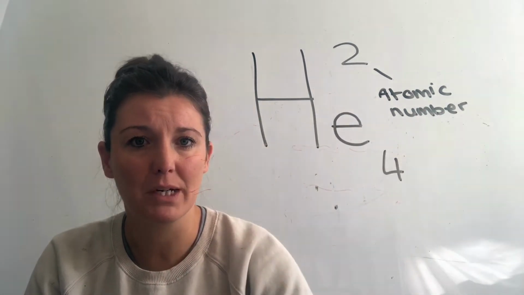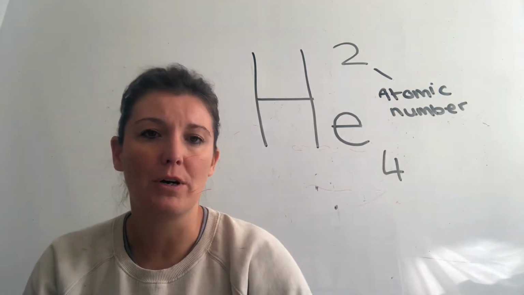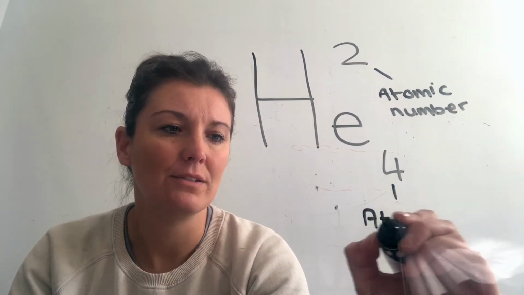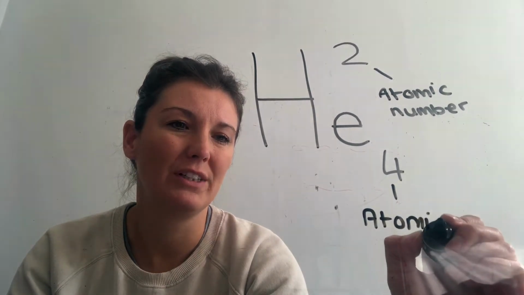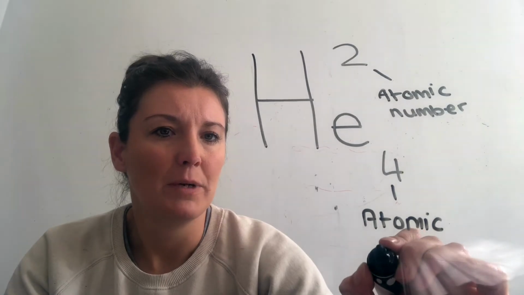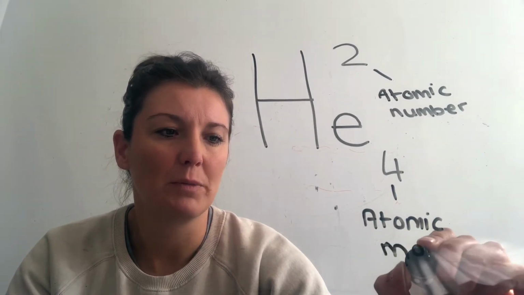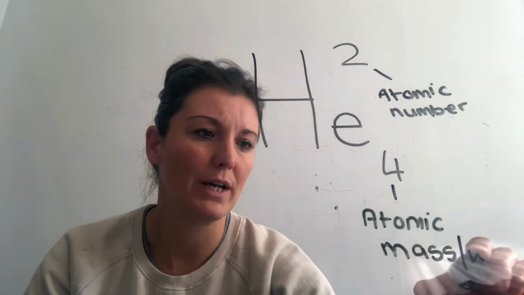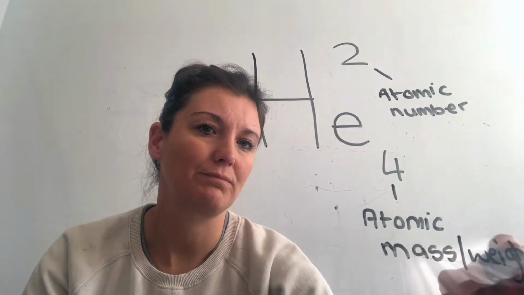So that's the atomic number, and then we have this number at the bottom, and that tells you the atomic mass. It tells you how much one little atom would weigh. Some people say atomic weight, but it's the same thing.